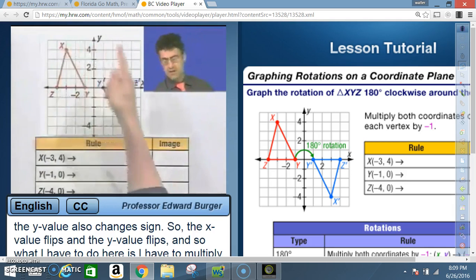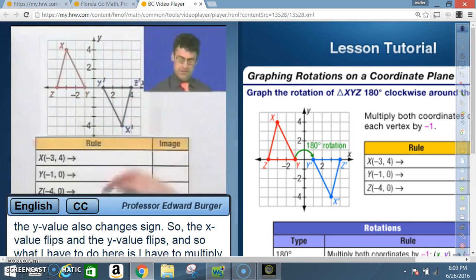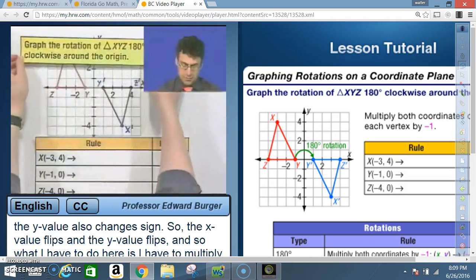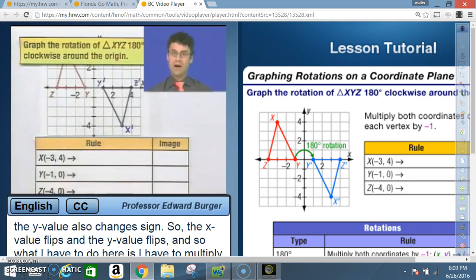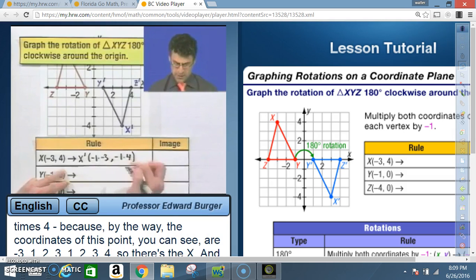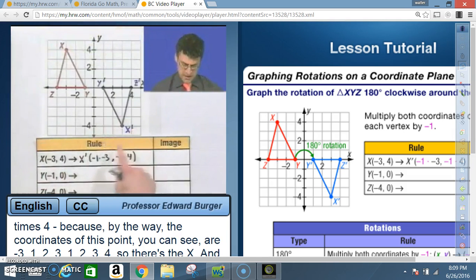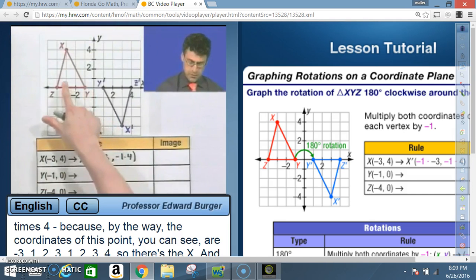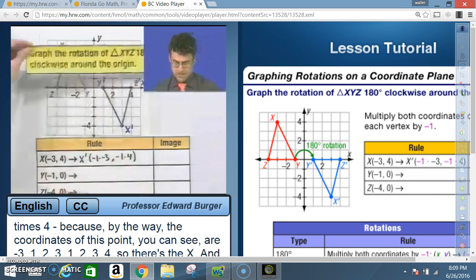The x value flips and the y value flips. So I multiply both the x and the y value by -1 in order to change the sign of each. For X prime, it's -1 times -3, and -1 times 4, because the coordinates of point X are (-3, 4).